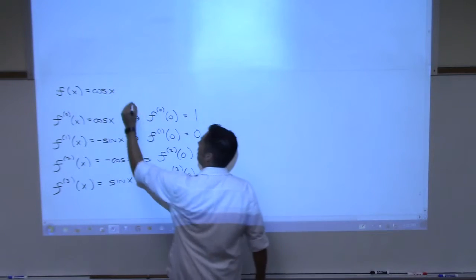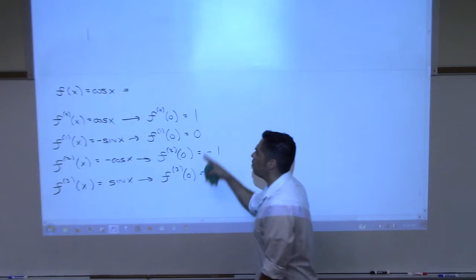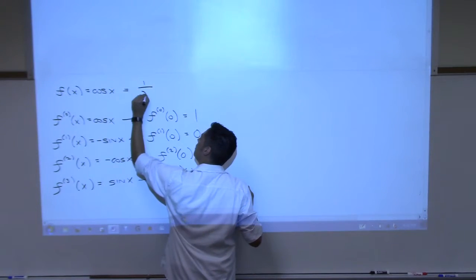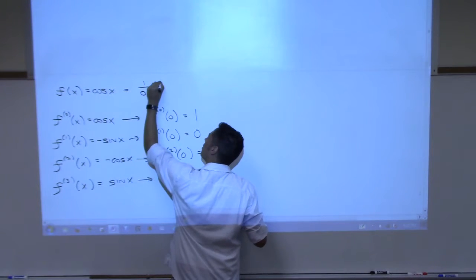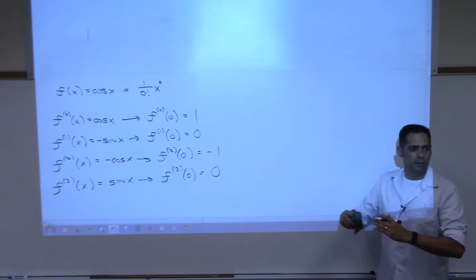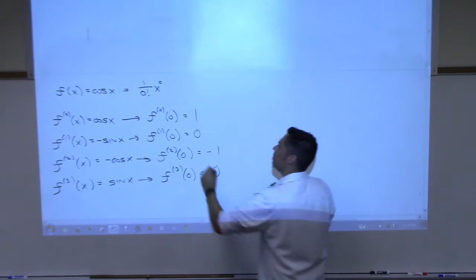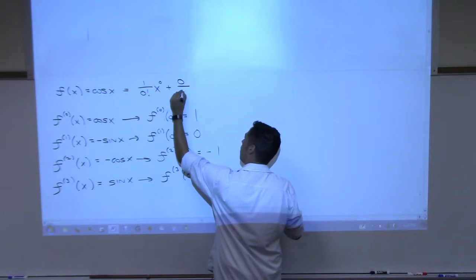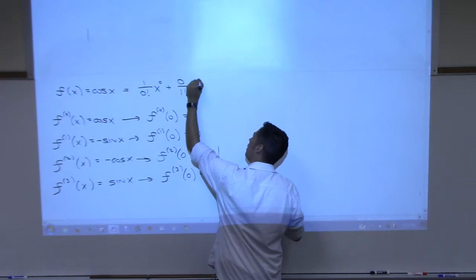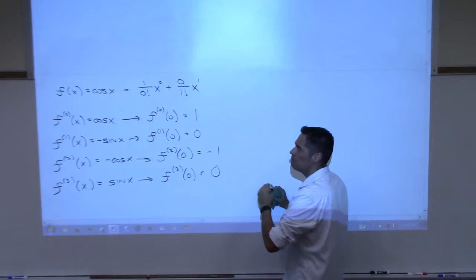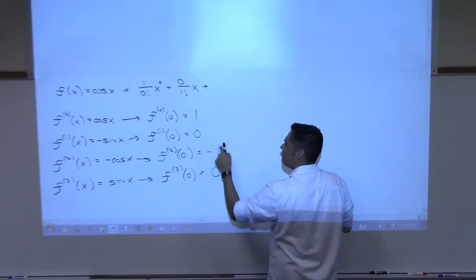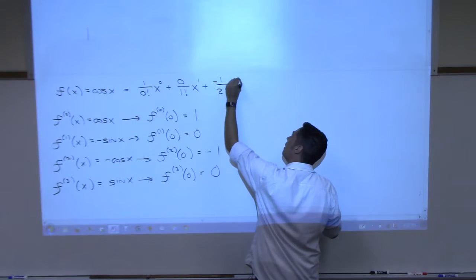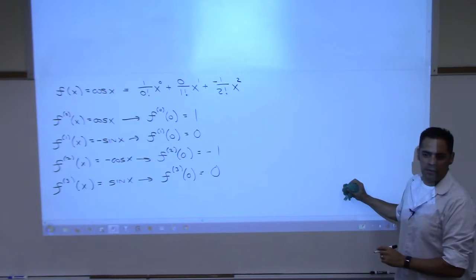Cosine x should be the first number we got, right? 1 over 0 factorial x to the 0. I'm using the formula again. Plus the next number we got, 0, over 1 factorial x to the first, and that's going to go away. Plus, next number, negative 1 over 2 factorial x squared.